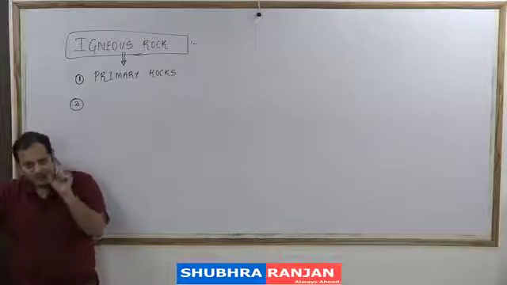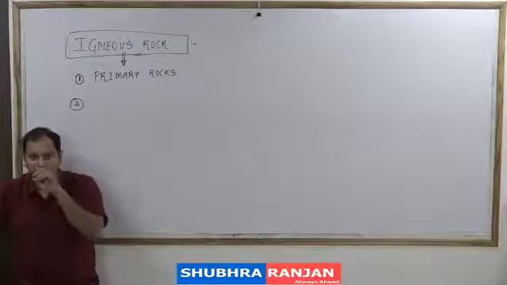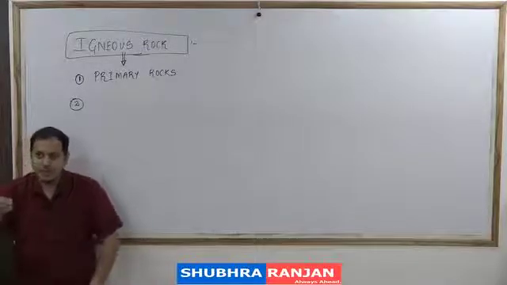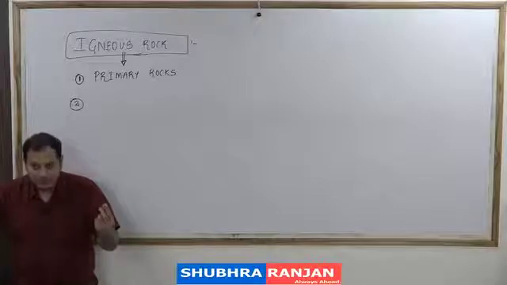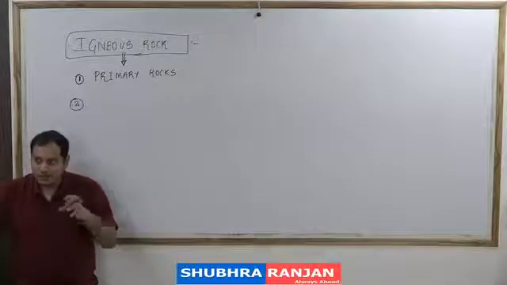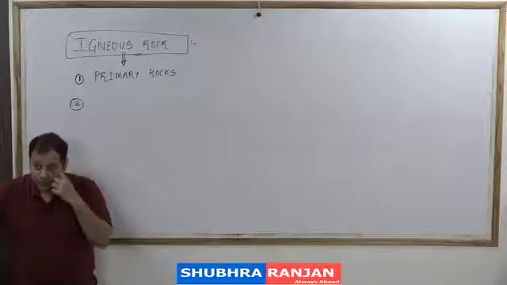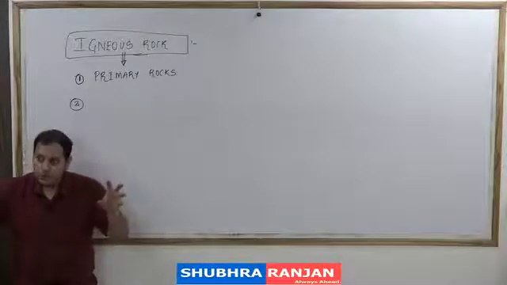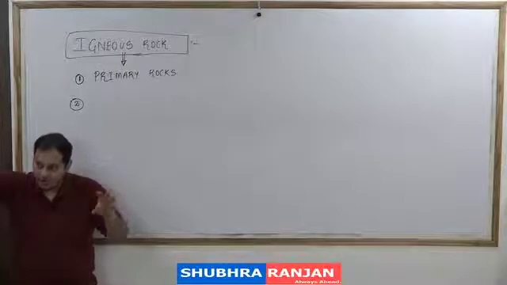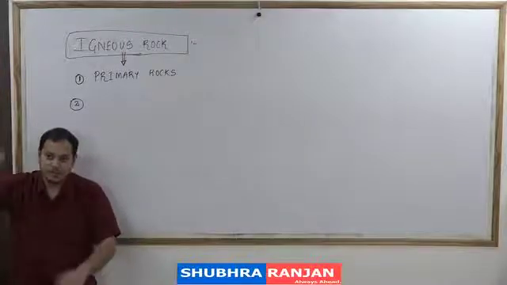अब the rate of formation of crystals will depend upon the rate of cooling. If the cooling is occurring very fast, then the size of the crystals will be very, very small. If the cooling is occurring very slowly, there is sufficient time for the development of crystals, and therefore crystals का size will be bigger. अब cooling will occur slowly on the surface of the earth or below the surface of the earth?